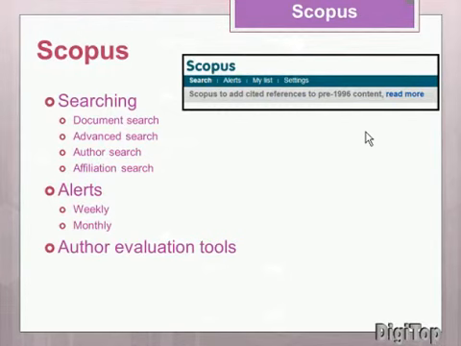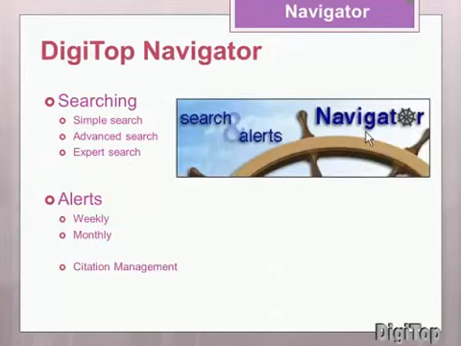It also allows for alerts that come weekly or monthly, and provides author evaluation tools such as the H-Index. DigiTop Navigator is a platform currently comprised of 13 unique databases. It too allows for searching in forms of a simple, Google-like search, an advanced search, and an expert search.